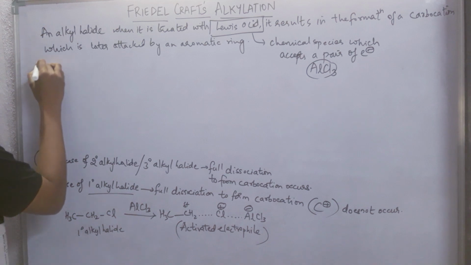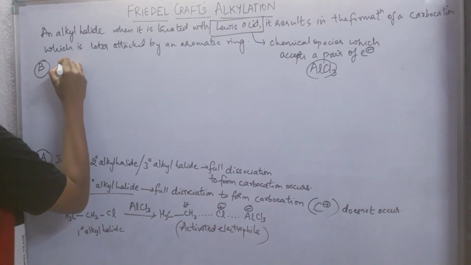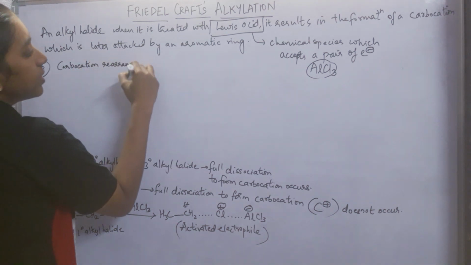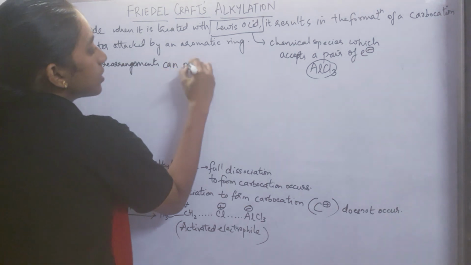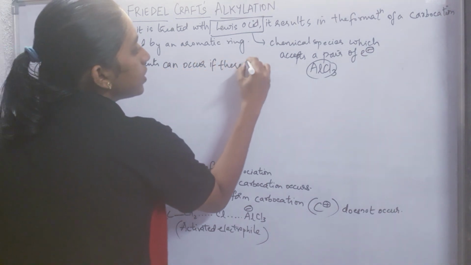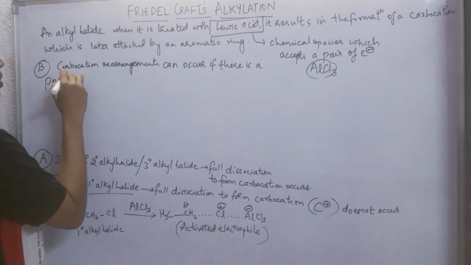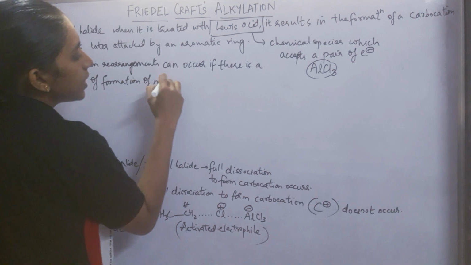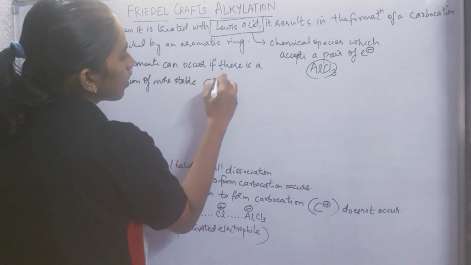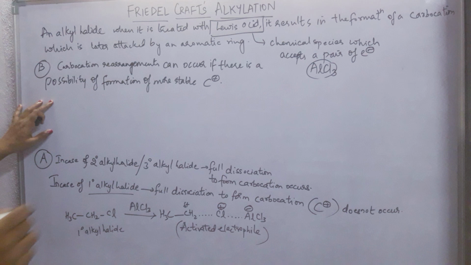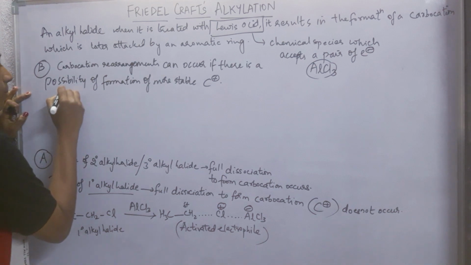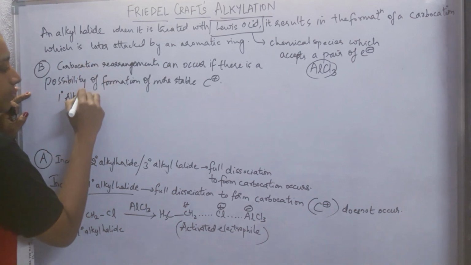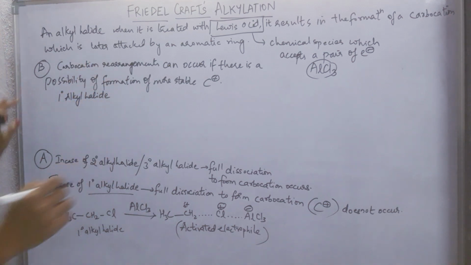So what is the second point which we have to remember? That carbocation rearrangements can occur if there is a possibility of formation of a more stable carbocation. What did we learn in the first point?